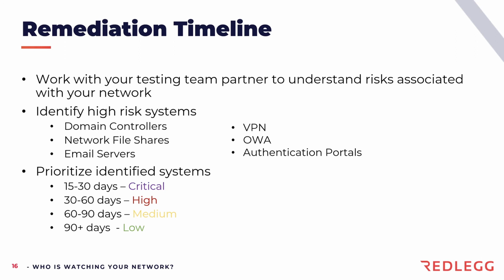We get very familiar with the network that we're testing. That gives us better insight into what attack paths an attacker would use, as well as what is important to the system. That would include such things as domain controllers, network file shares, email servers, anything that really has important data on it.